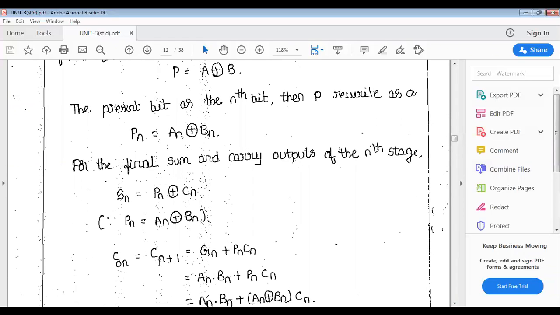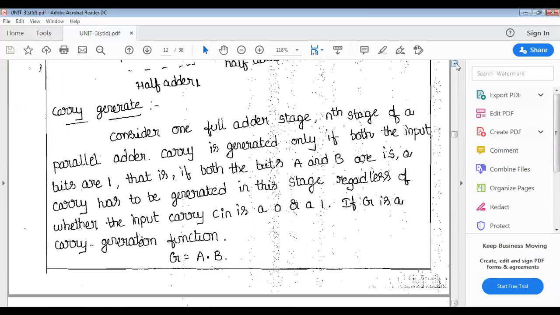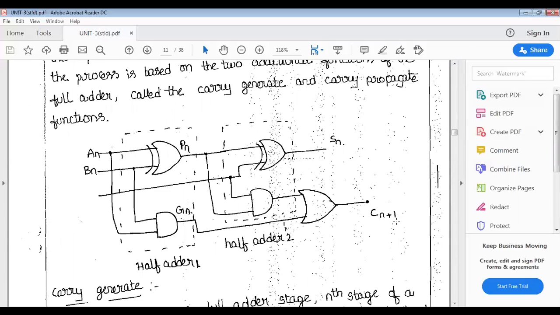Cn is equal to, I am taking as a Cn plus 1. You see in the circuit, Cn plus 1: one of the inputs for the OR gate is a Gn and another input is from the AND gate. The AND gate inputs are, one input is a Cn, another input is a Pn.